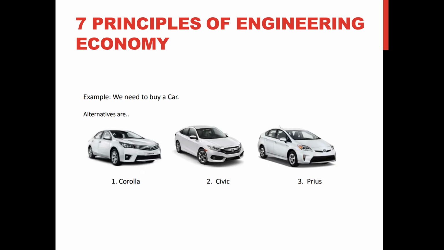So for example, we need to buy a car. Between these three alternatives, say alternative A is a Toyota Corolla, and then second alternative, Honda Civic or Prius. Prius is a brand of Toyota rin yata to.